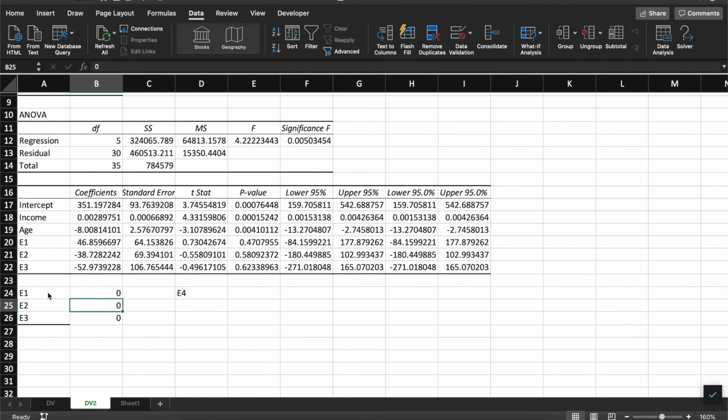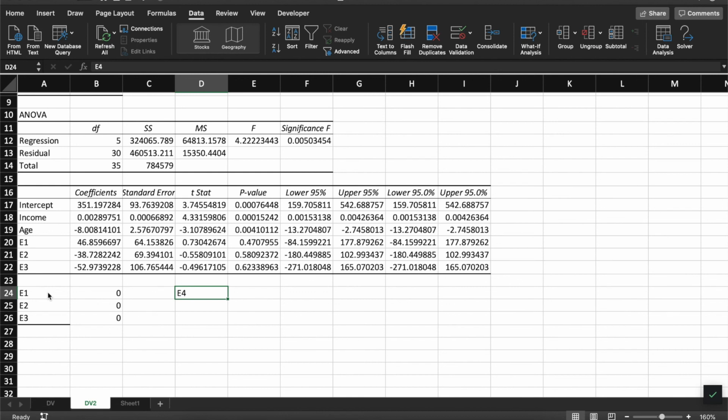Similarly, with E2, people with a high school degree have no significant difference in demand or soda expenditures than people with a college degree. And then finally, people with some college experience have no significant difference in soda expenditures compared to those with a college degree. Okay, so the interpretation here is the same.